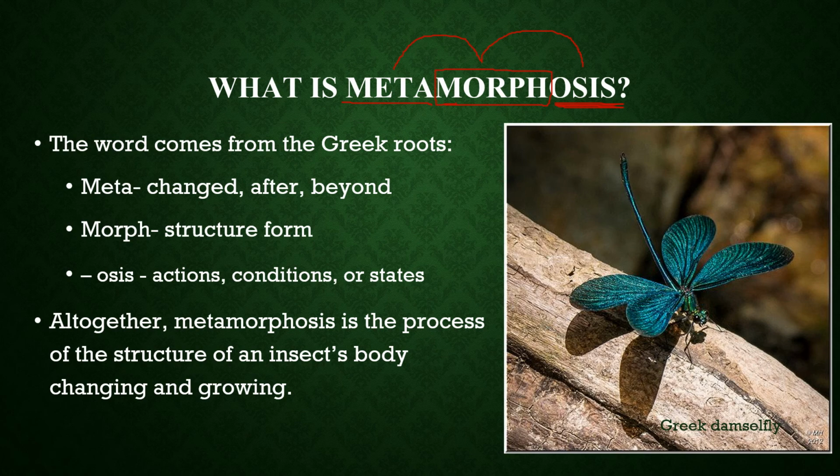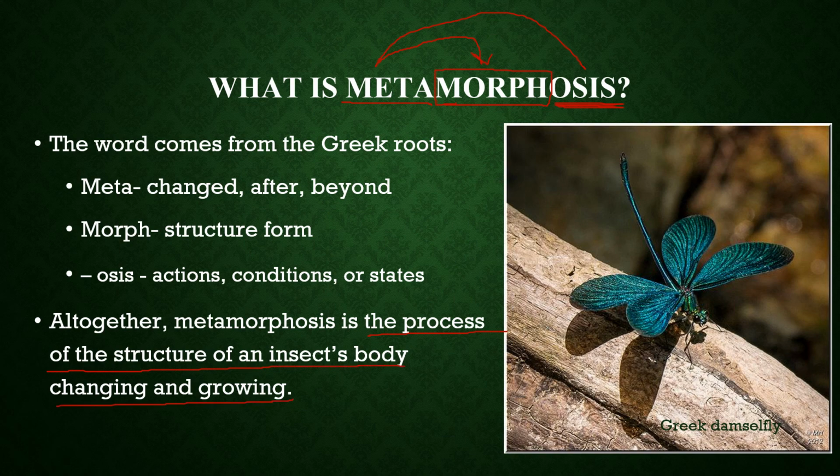So it makes a little more sense if I take my little pen here and if we start at osis first. It's the state of a change in form in an insect. Okay? Altogether then, the definition for metamorphosis is down here. It is the process of the structure of an insect's body changing and growing.